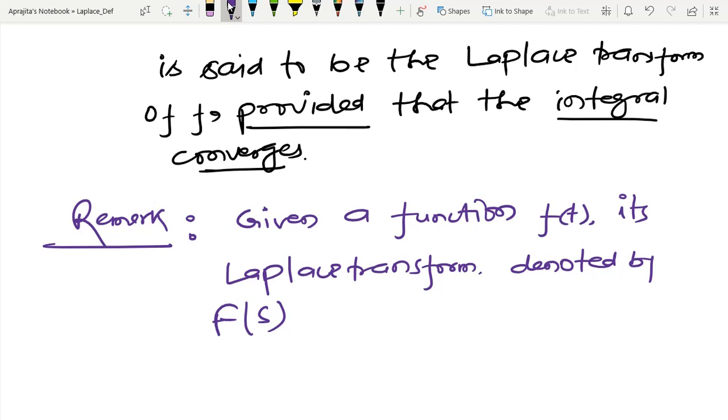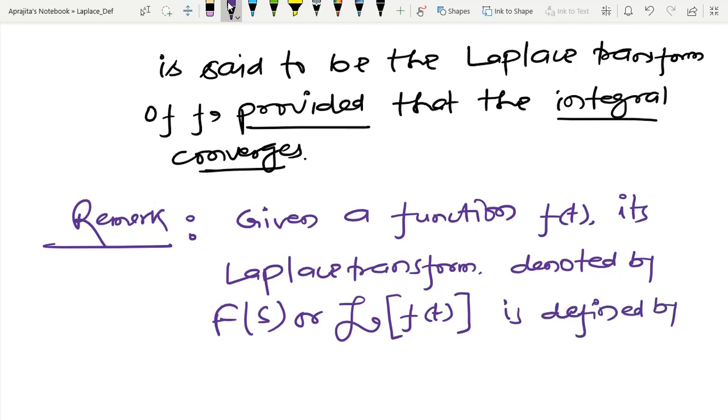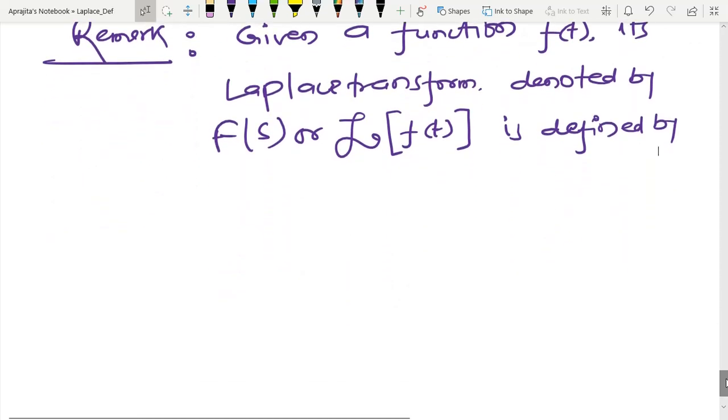Due to that reason, whatever resultant function, that is nothing but in the form of s, and you can also write in this form, that doesn't matter, is defined by. Now I am going to do a certain kind of modification in the previous mathematical definition.